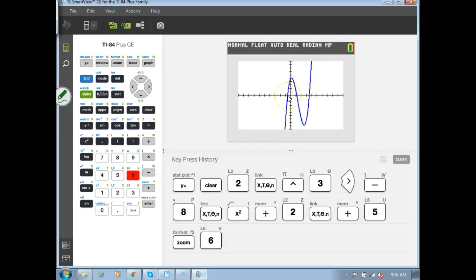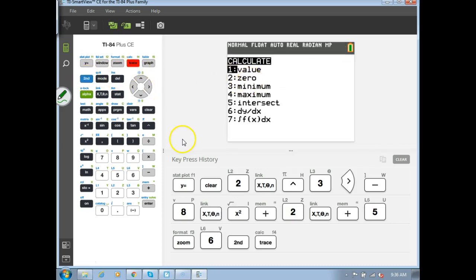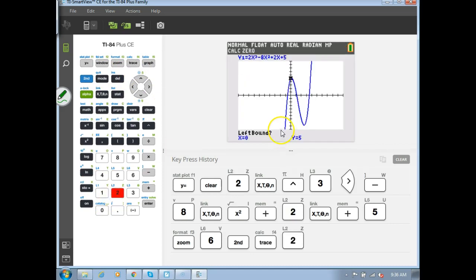This one right here is not quite to -1, so it's about -0.6, I'm going to make a guess. But I need to find it on the calculator more accurately. So second trace, and then choose number 2, the zero finder. And then when it says left bound, you need to get your cursor so it happens before the intercept. So a number that's before the intercept would be like -1. That would be to the left of it.